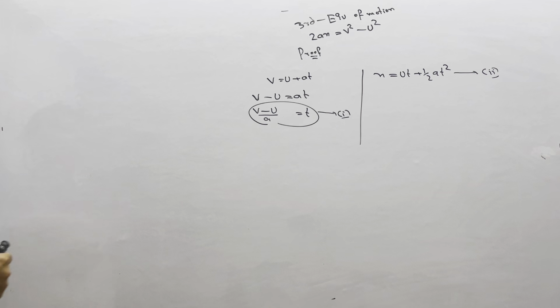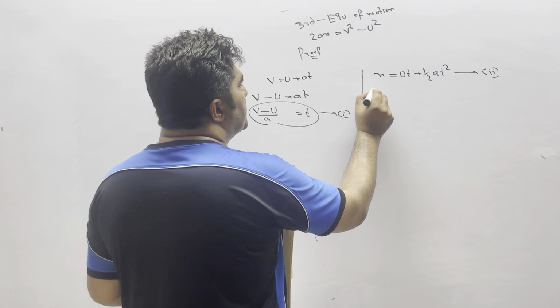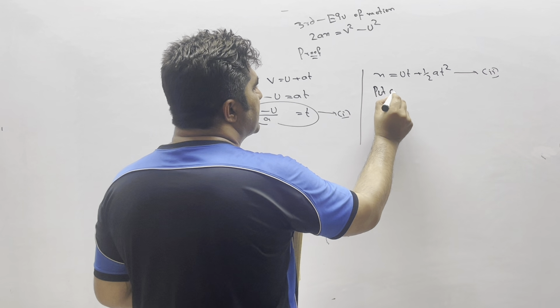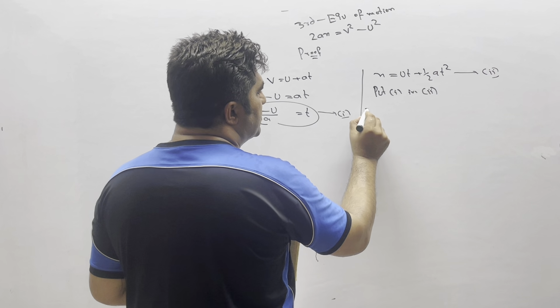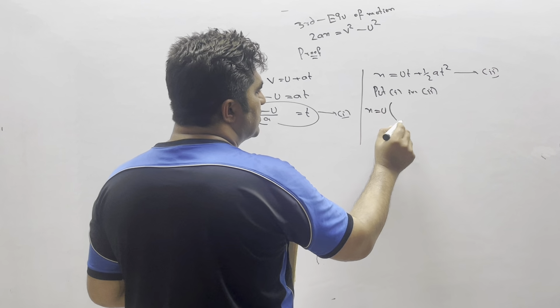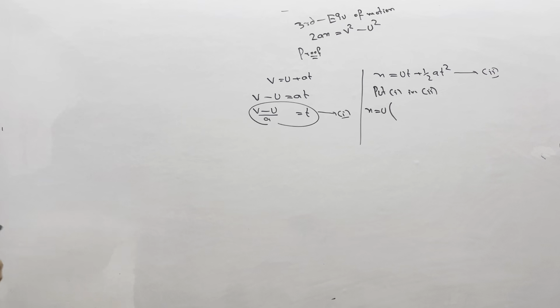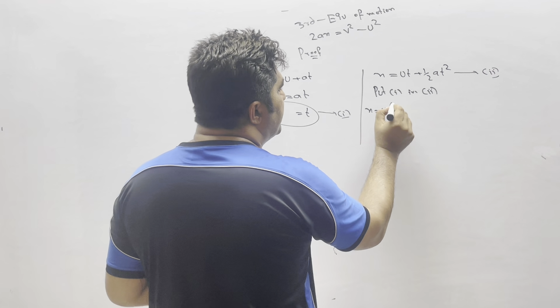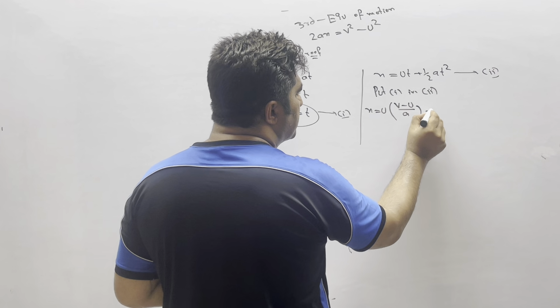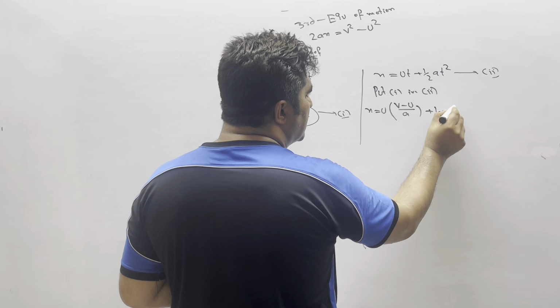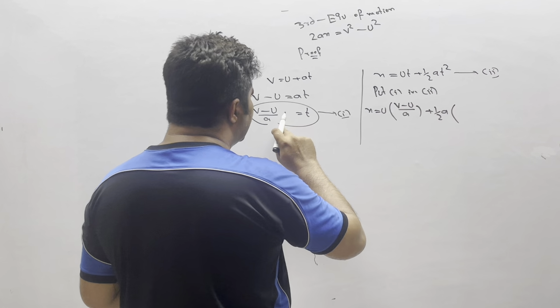Put 1 in 2: x equal to u, and what is the value of t here? t is this one, v minus u divided by a, plus half a, and I have to put here t square.